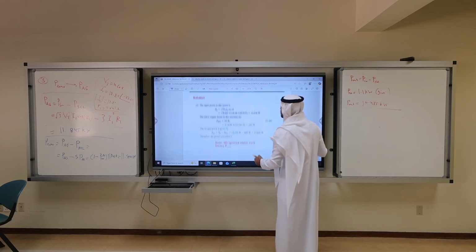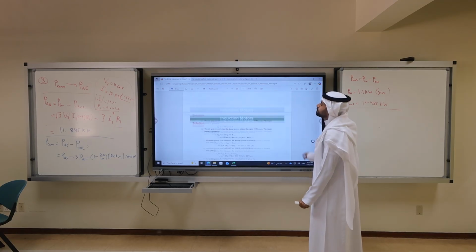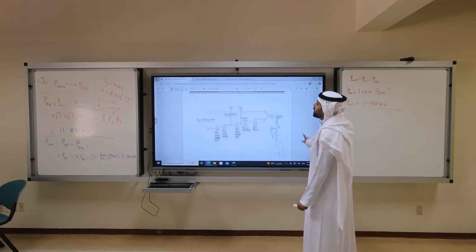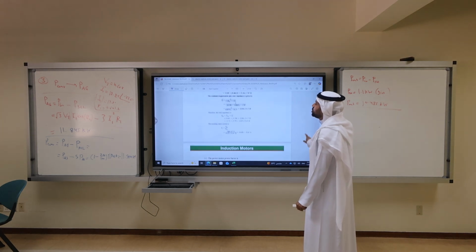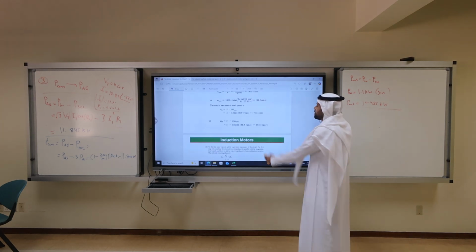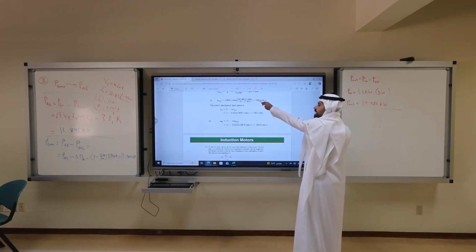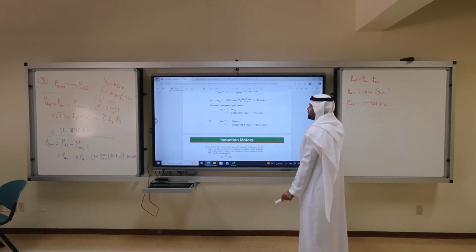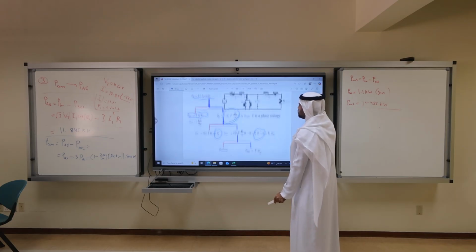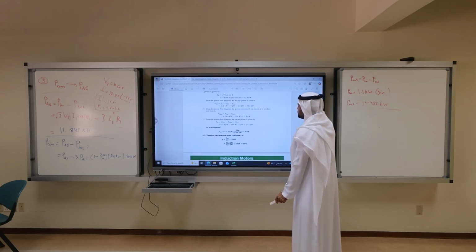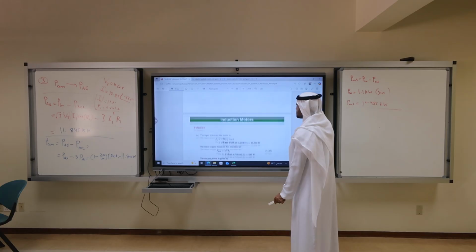What is omega m? You have to go back to example 3. If you go back to example 3, you would notice that omega m is 184.4, with omega sync 188.5. So let's put 184.4. Can you do it by calculator? Did you get the same number?